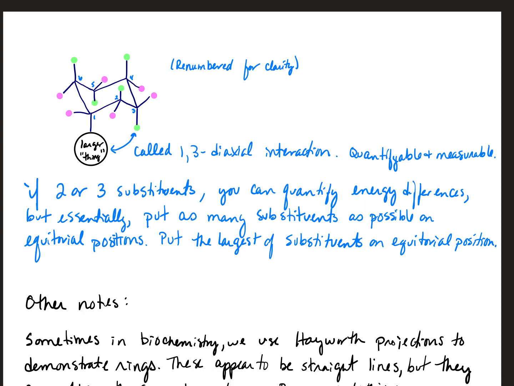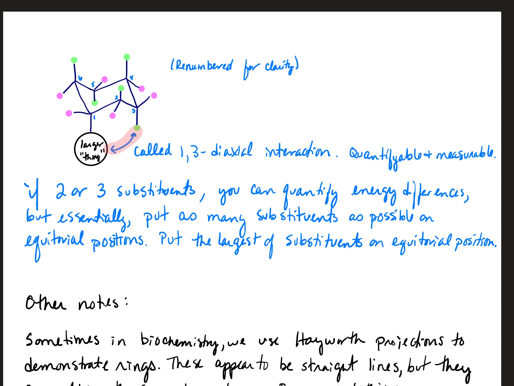When we increase the number of substituents on a ring, we certainly want to keep as few as possible in the axial position. This interaction that we have here between that larger substituent and the other axial positions is called 1,3 diaxial interactions. These are quantifiable. There are several charts out there where you can quantify those numbers.